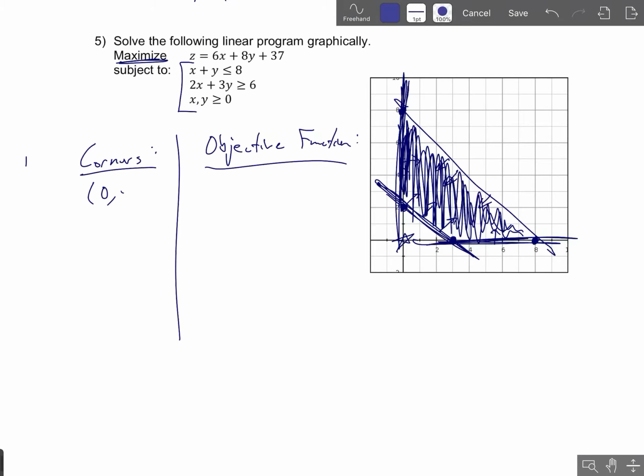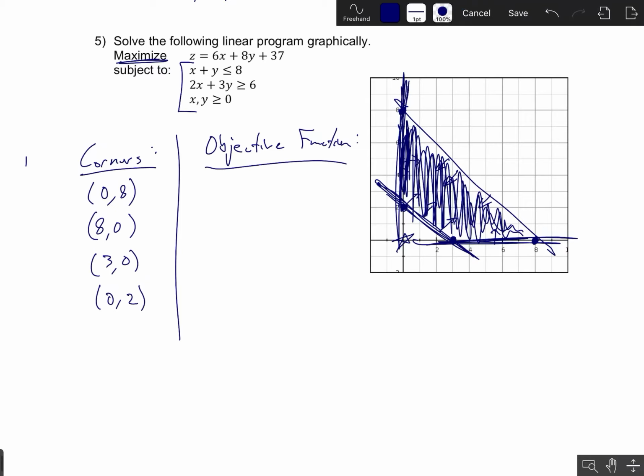So it looks to me like the corners are going to be 0, 8, 8, 0. Whoops, there should be a 3, 0, and a 0, 2. So there should be 4 corners here. There's our list of corners.